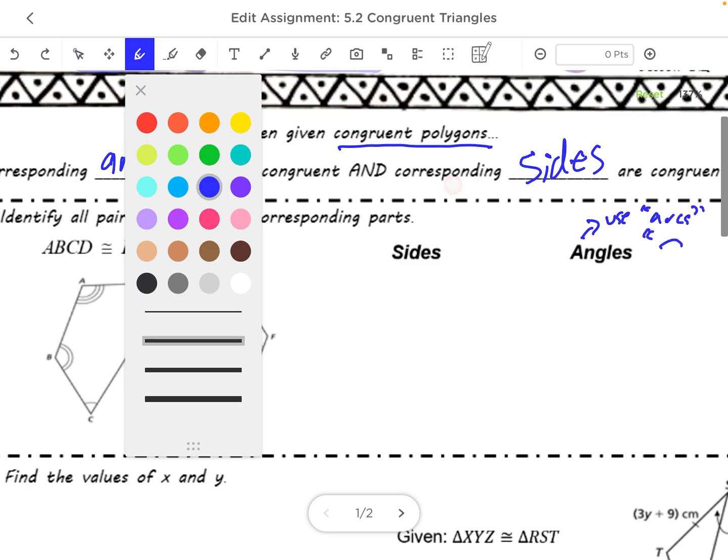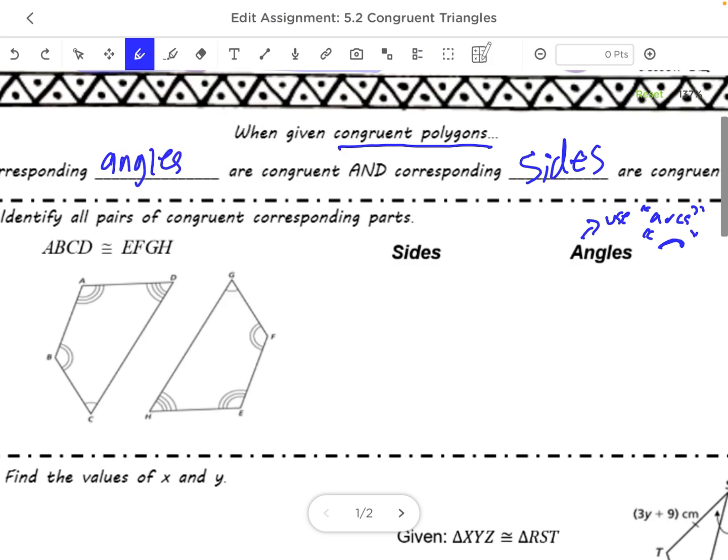Then when we're doing sides, we're going to use something similar: tick marks, something like that. That signifies that the sides are congruent, and the angles are congruent.